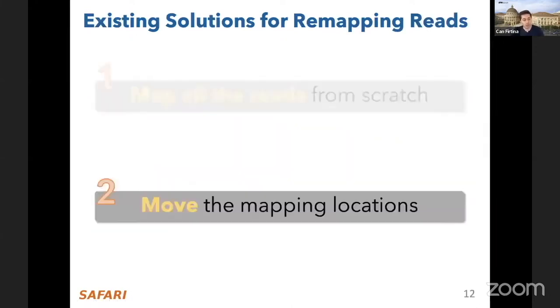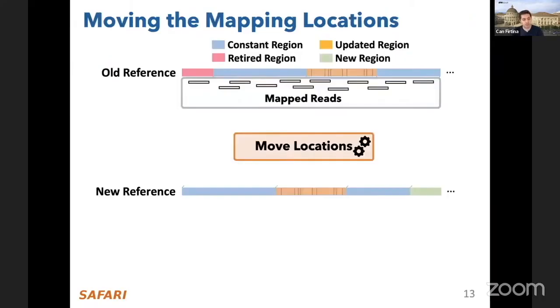So let's go over the second solution when remapping reads. When moving the mapping locations from an old reference genome to a new reference genome, we don't want to do read mapping unnecessarily.